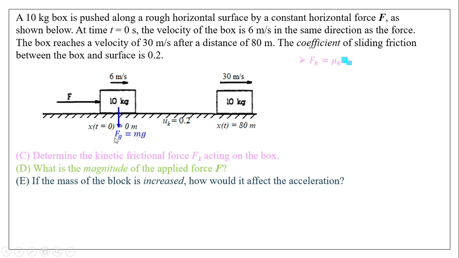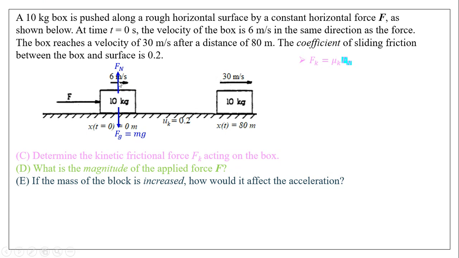So F of G is just mass times gravity, or acceleration due to gravity at the surface of the planet. However, because the box is pushing down onto the surface, Newton's third law suggests that there is a counter contact force. And that contact force in this unit is called normal force, F sub n.